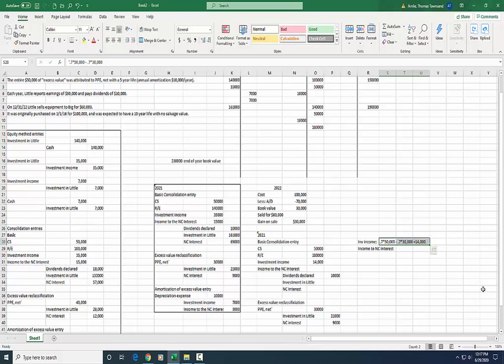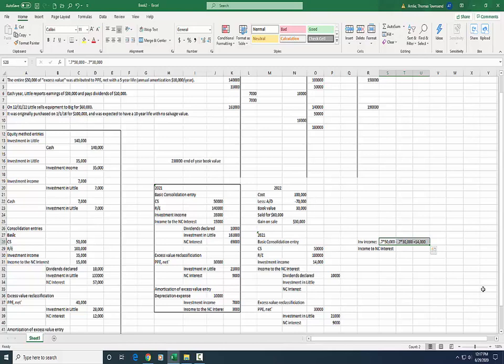The first question, of course, was, is this upstream or downstream? And that dictates whether we take that unrealized gain or loss and split it between the two parties, or whether it all goes to the parent's investment income. This was upstream, so we're going to share it, 70-30 in this case, with the non-controlling interest.